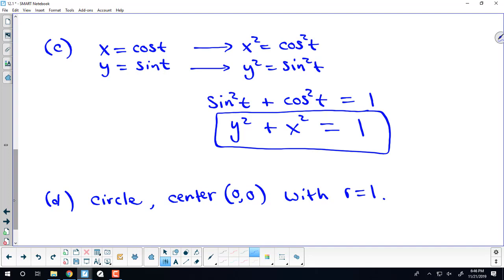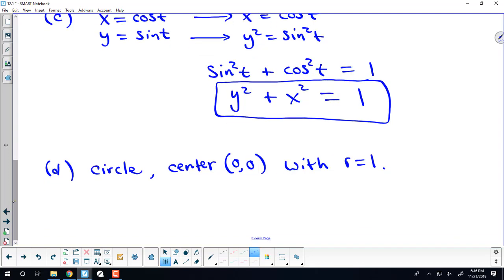We could say it's a circle, center 0, 0, radius 1. We could also describe where the initial point was. Initial point was 1, 0, and we did describe in part B the positive orientation unfolds in the counterclockwise direction.